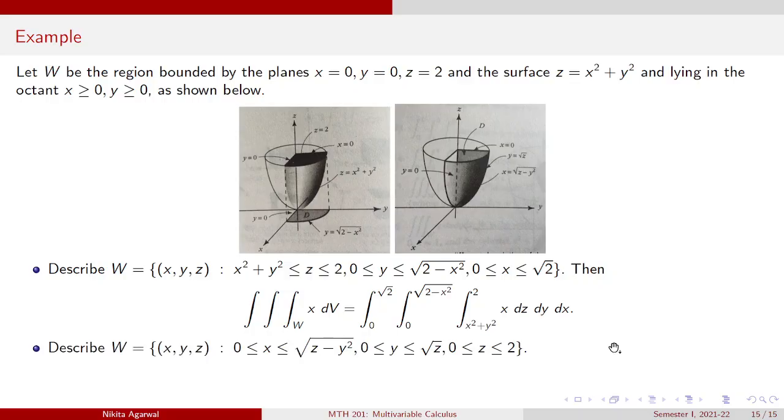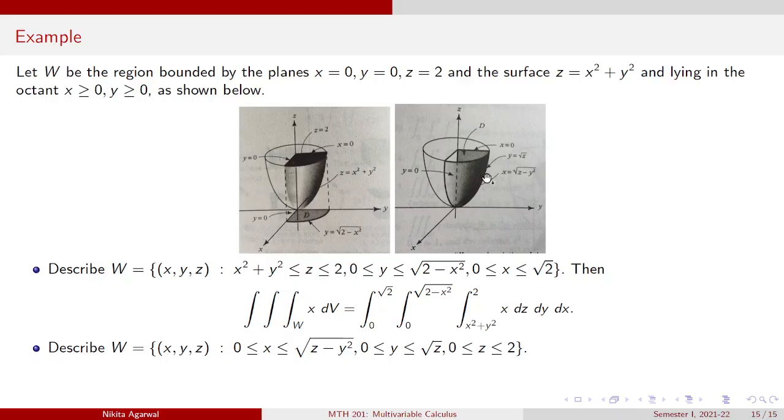Now, if you think of it differently, let's look at the second picture. In this, z goes from 0 to 2 and y goes from, so y is this side, it goes from 0 to square root z, and x is this side which goes from 0 to square root of z minus y squared, because it goes from 0 to this graph.